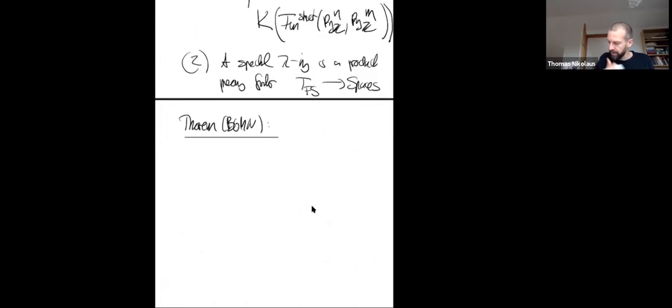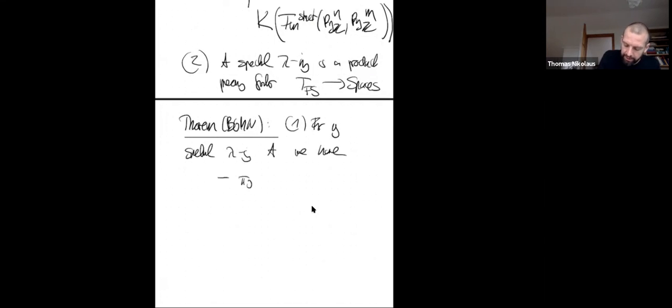I guess the first statement is that for every spectral lambda ring A, which is a space with additional operations, the first statement is that pi naught of A is a classical lambda ring.